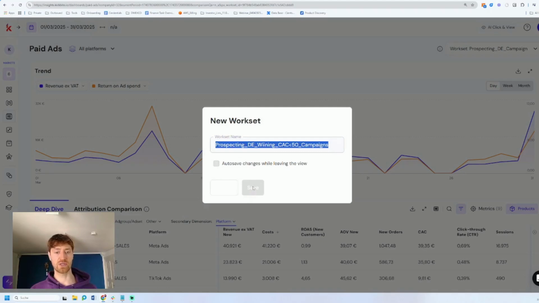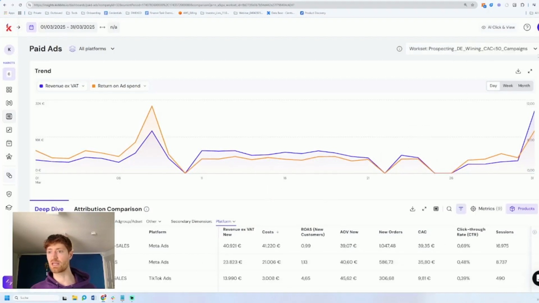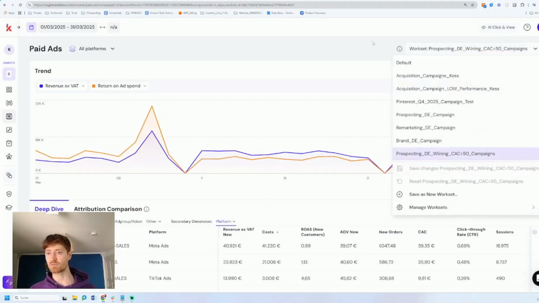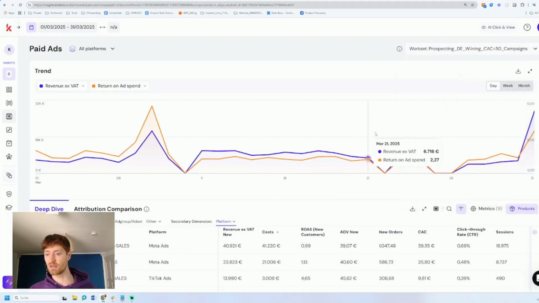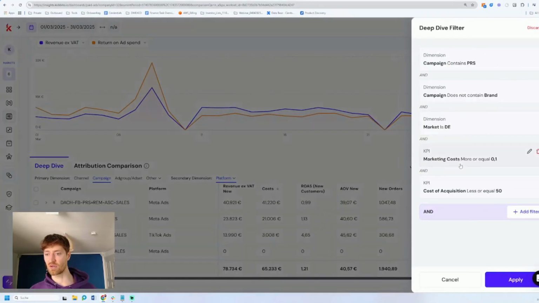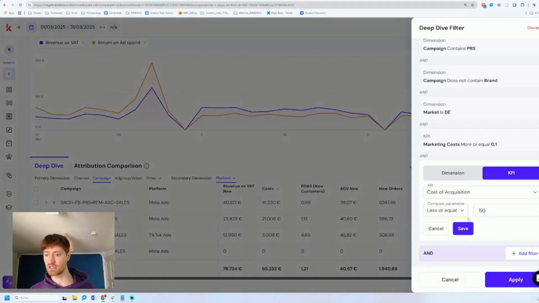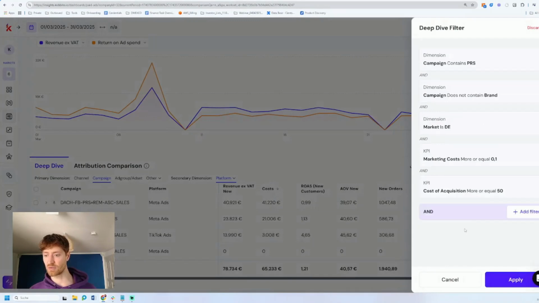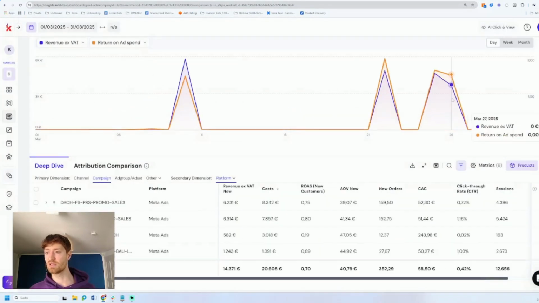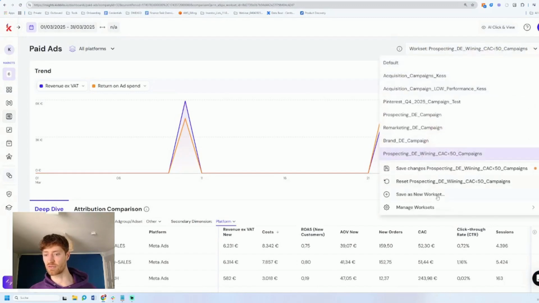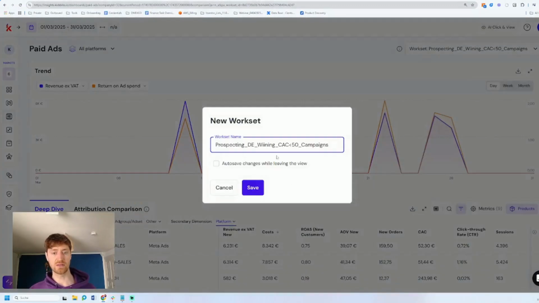And make sure that we do the same thing for our loser campaigns. So we actually go change it here, more or equal to 50, save, and save a new work set.